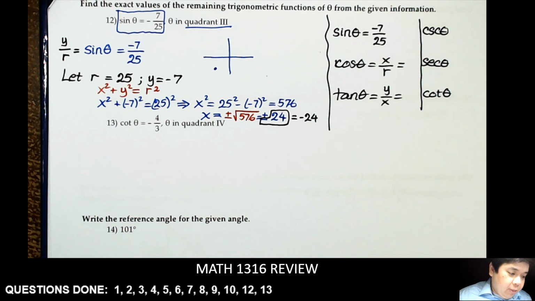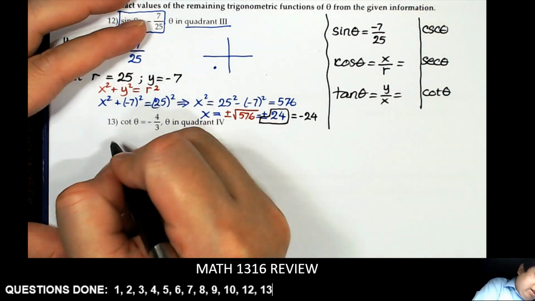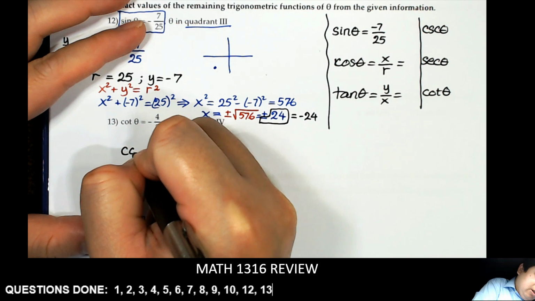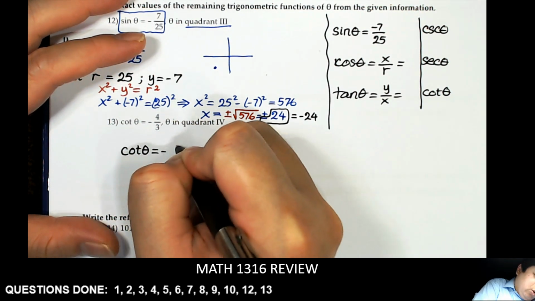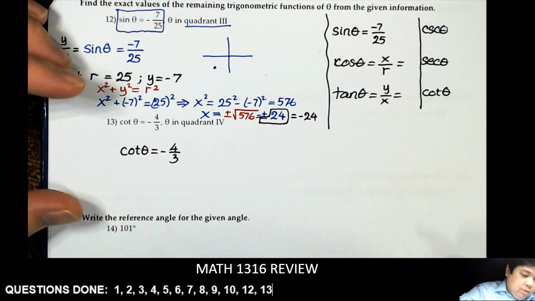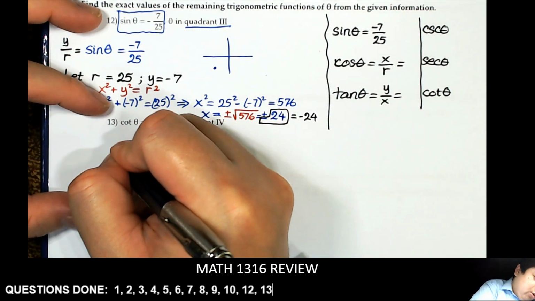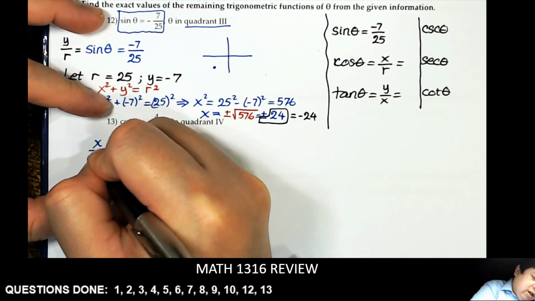13. Right. 13, first we have cotangent equal to negative 4 over 3. And the ratio for cotangent is x over y.